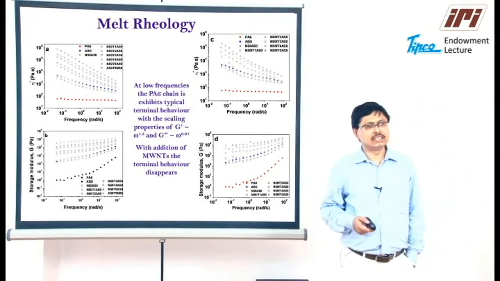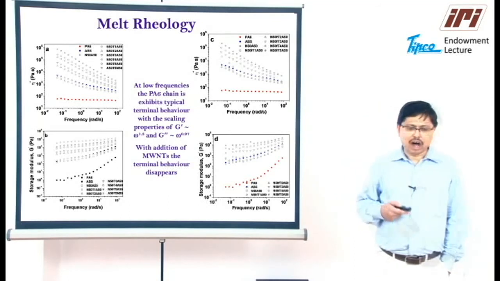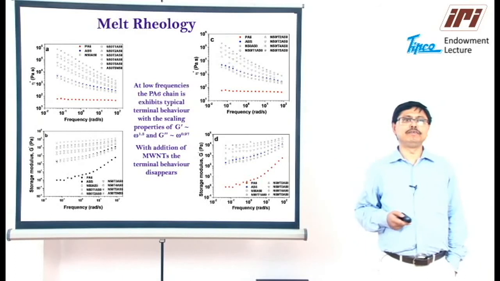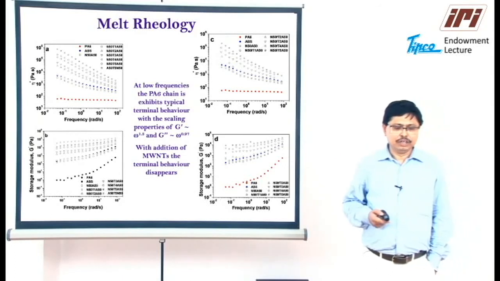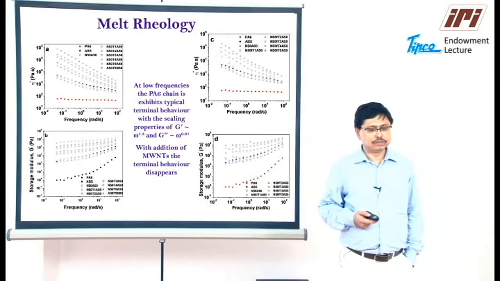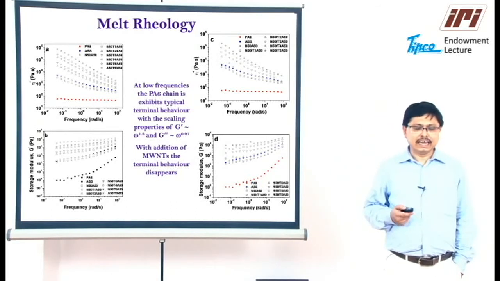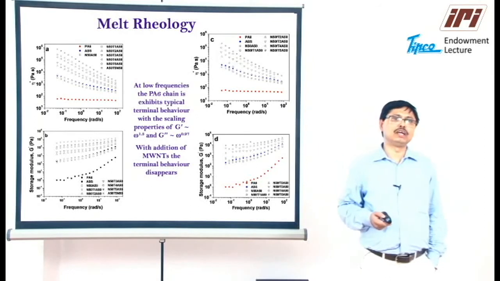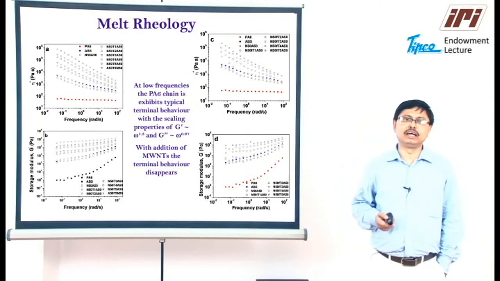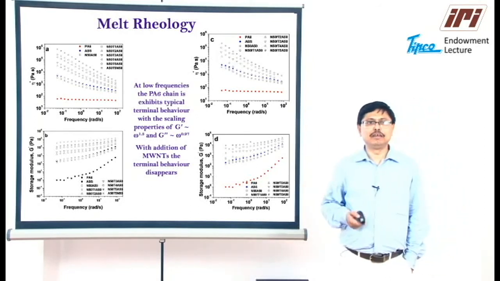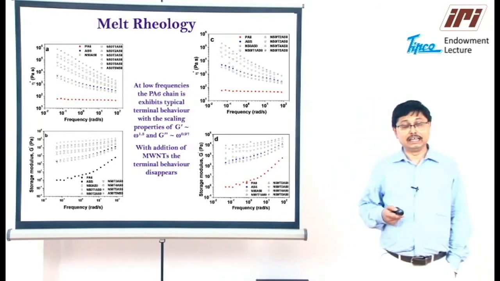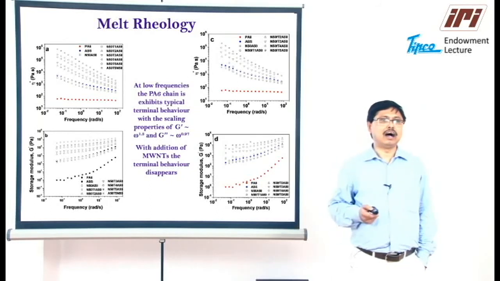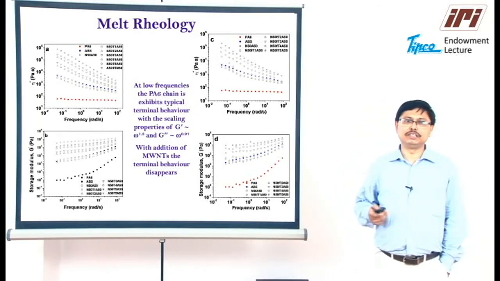The melt rheological characterization shows how the nanotube can alter the flow behavior of the polymer melt. We know from the rheological measurements that there is a scaling law: for both the storage modulus G prime and the loss modulus G double prime, you can find a terminal behavior in the low frequency region, and one can find how they are correlated with the frequency.